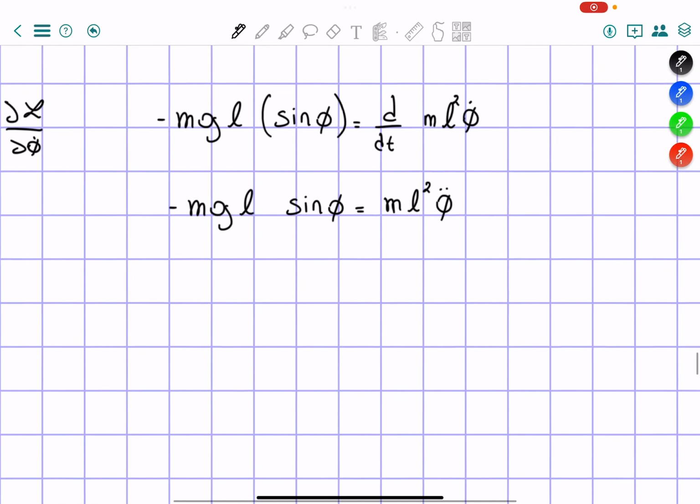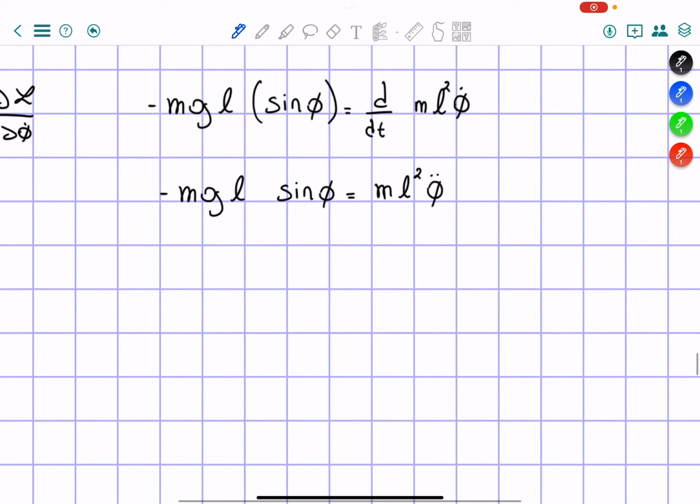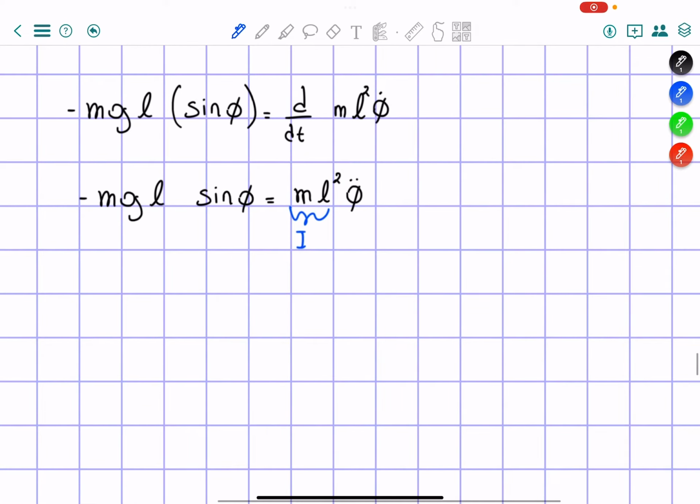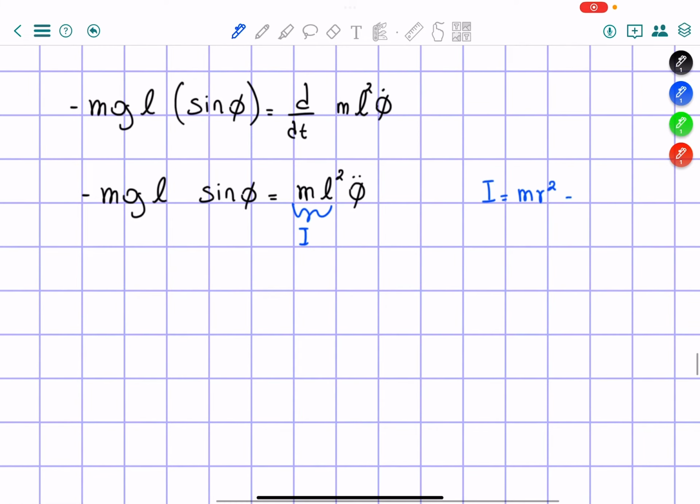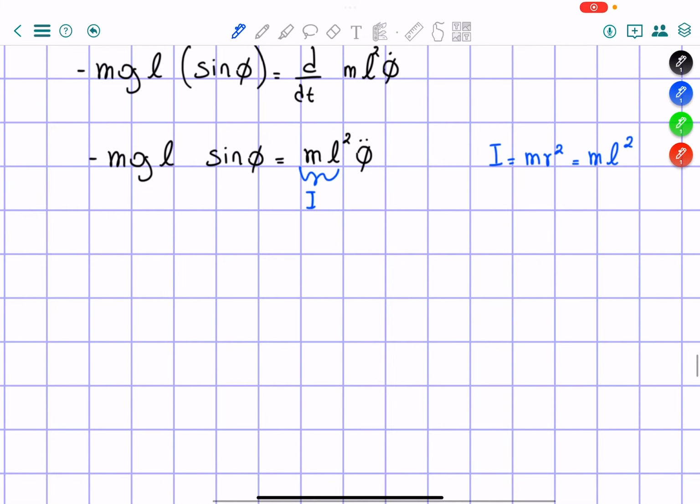Now, what you can think about is that this part over here is equal to our moment of inertia, because moment of inertia is equal to our mass times the radius squared, which in our case is L, so it's equal to m L squared.